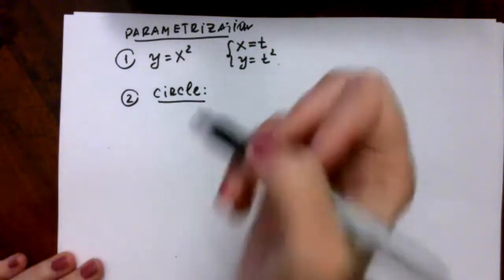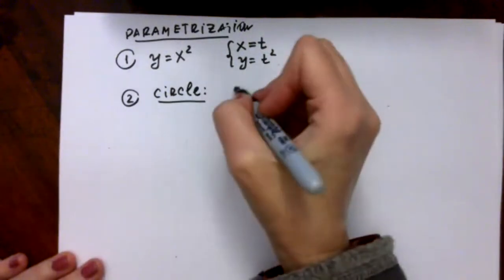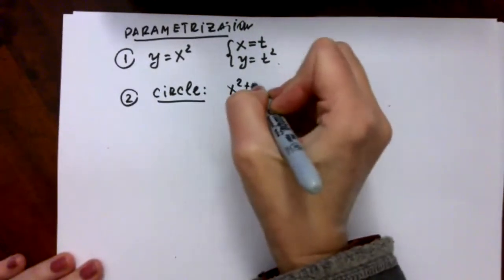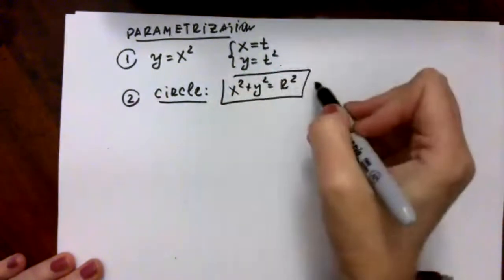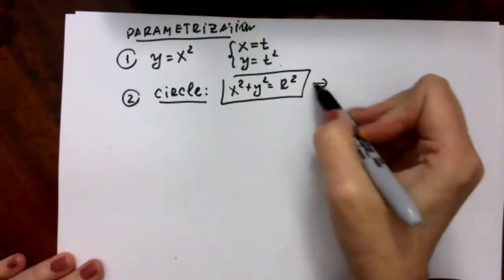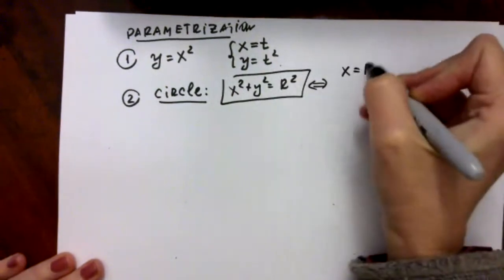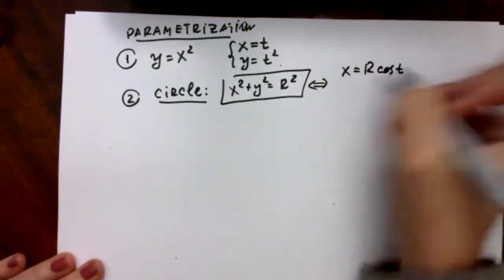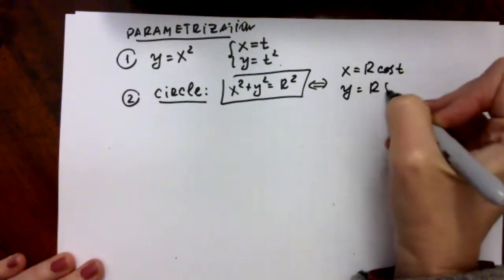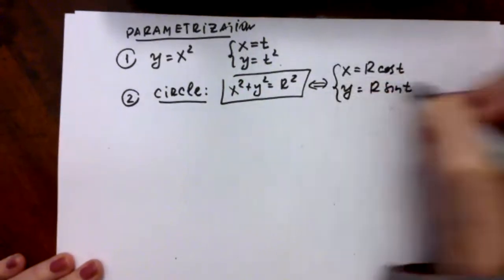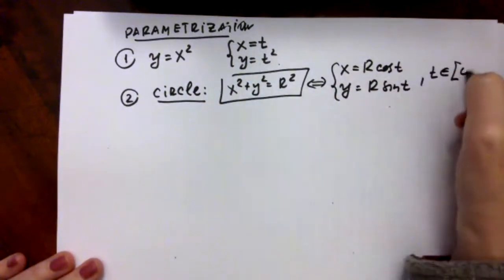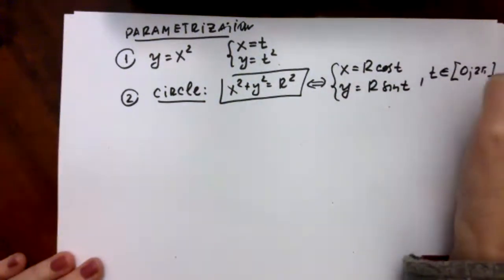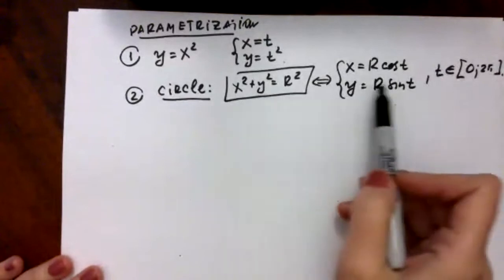Usually in the past when we dealt with the work integrals, we used to rewrite this circle. This is the Cartesian equation of circle. We would rewrite it in a parametric form: x is r times cosine of t, and y is r times sine of t, and t plays the role of the angle, and that is why if you're interested in the whole circle, your angles should change from 0 to 2π.